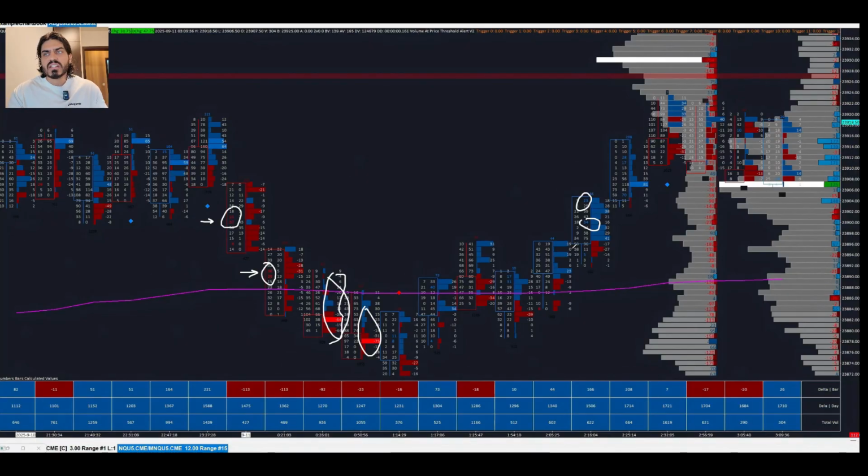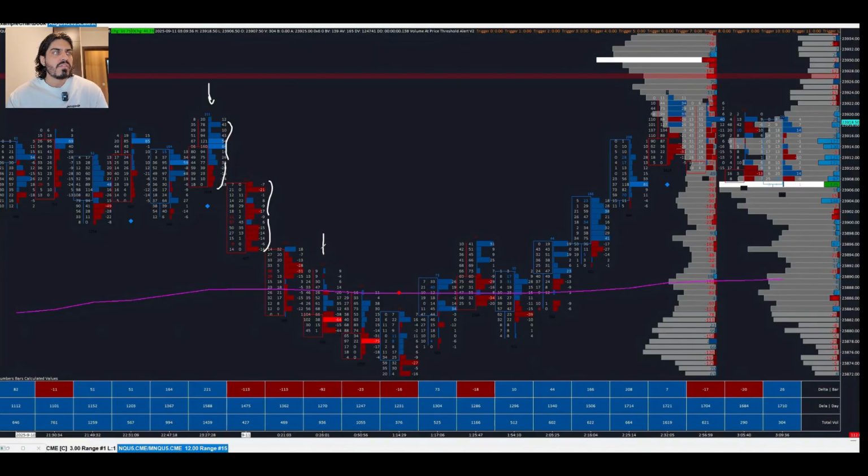So, like I said, this is a delta footprint. Some of these basics that we need to understand first and foremost is that delta is going to be the difference between the market buys and the market sells at each price level, which generate these deltas. So when I look at this, you have naturally stacks all over the place of maybe low delta, medium delta, heavy delta.